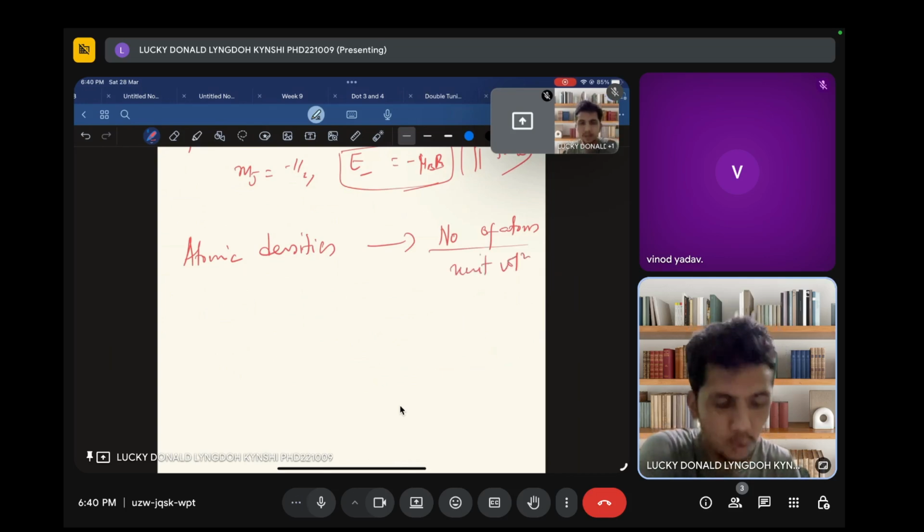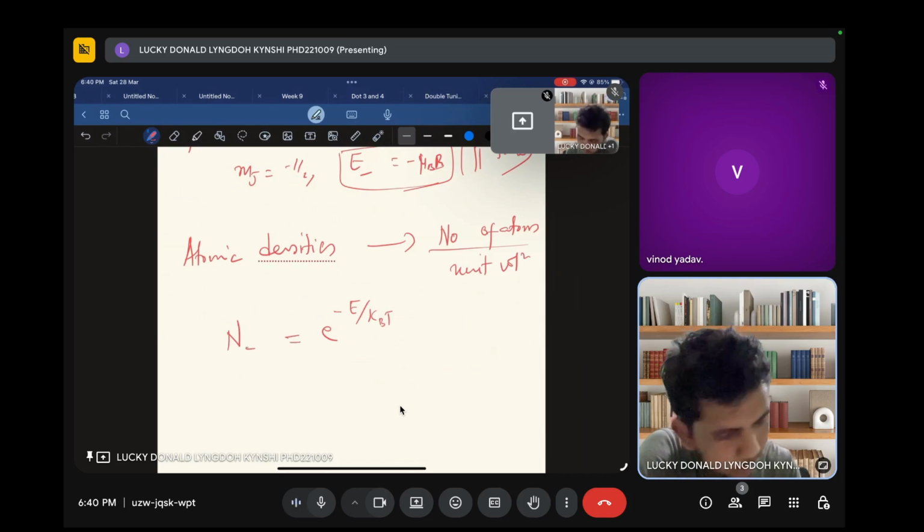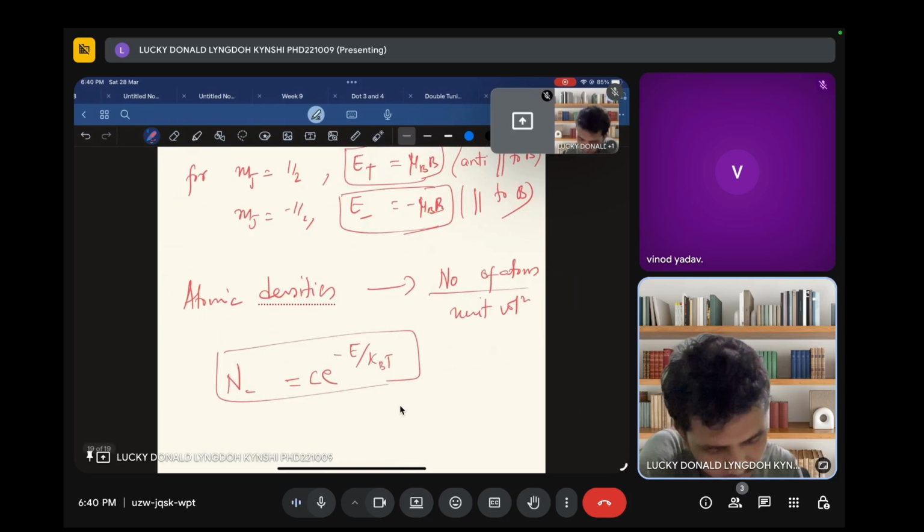Okay, so according to Boltzmann statistics, n, the number of states, is proportional to e to the power minus of E divided by kBT. Remember, so n minus is equal to some constant c times e to the power minus of E divided by kT, and n plus equal to c e to the power minus of E again divided by kT.